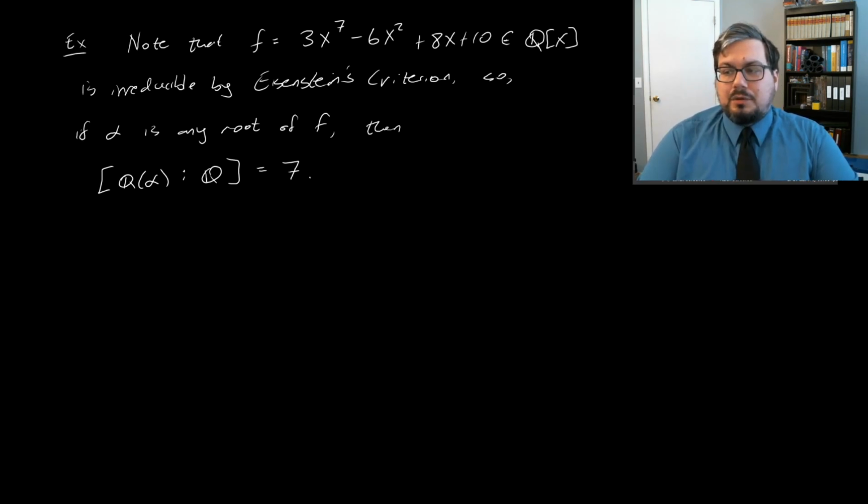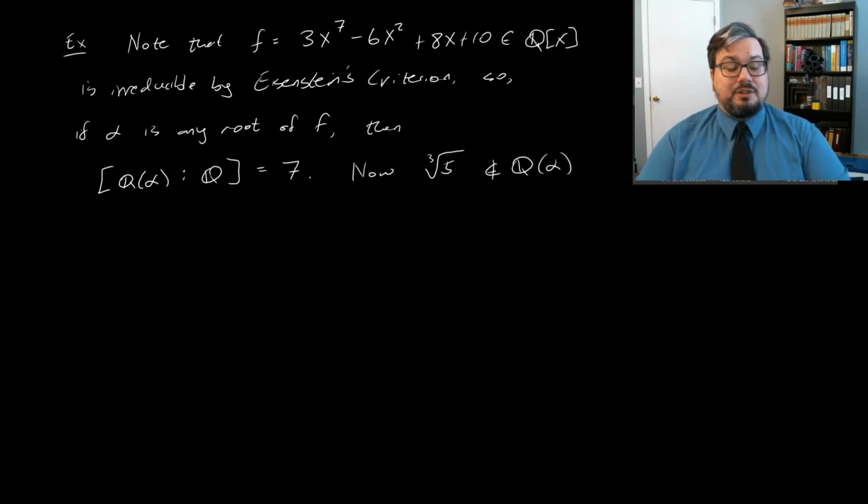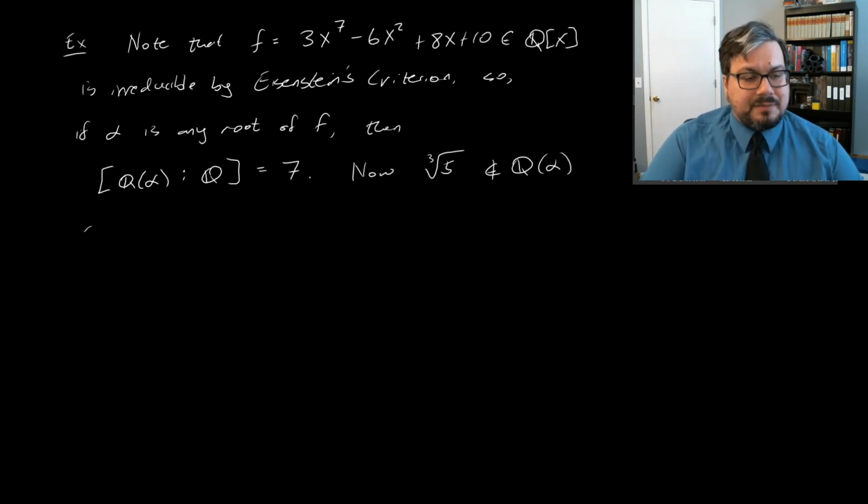Now, we can actually see that the cube root of 5, for instance, is not in this field Q(alpha), no matter what alpha we choose.